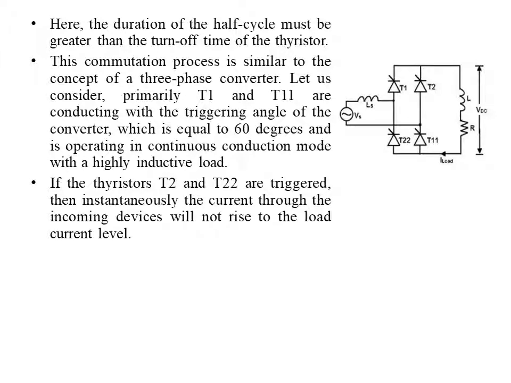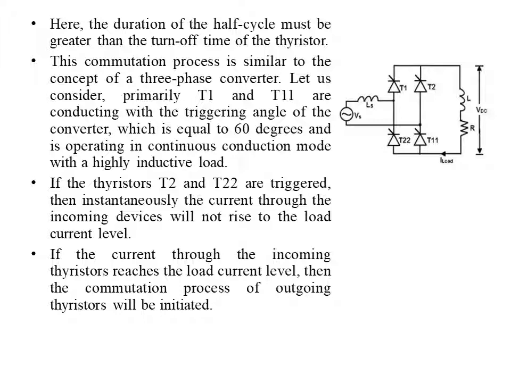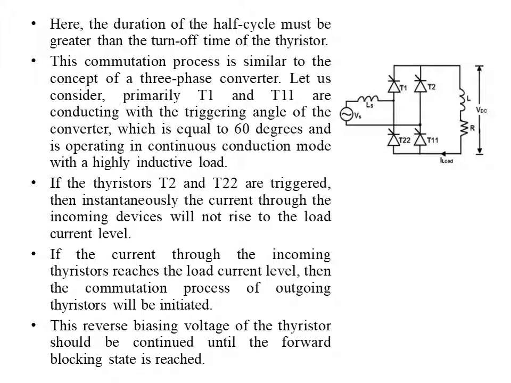If thyristors T2 and T22 are triggered, then instantaneously the current through the incoming device will not rise to the load current level. If the current through the incoming thyristor reaches the load current level, then the commutation process of the outgoing thyristors will be initiated. This reverse biasing voltage of the thyristor should be continued until the forward blocking state is reached.